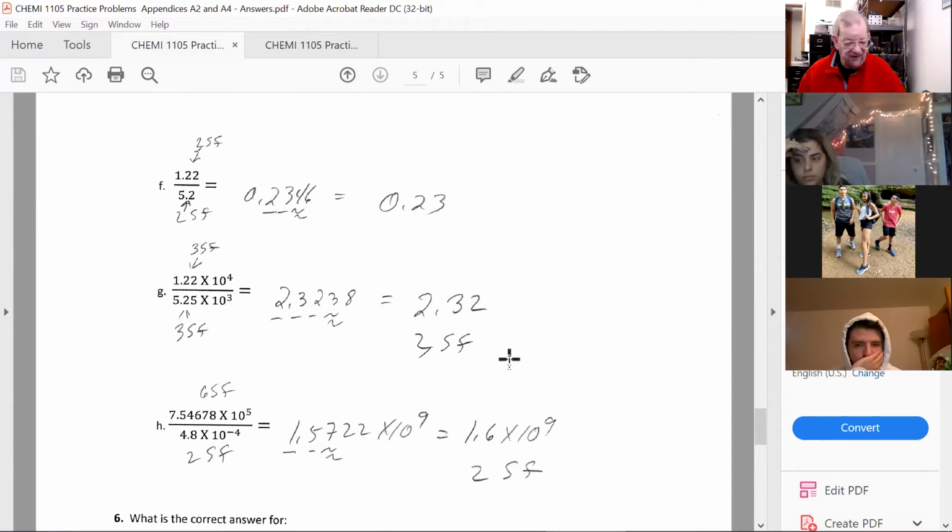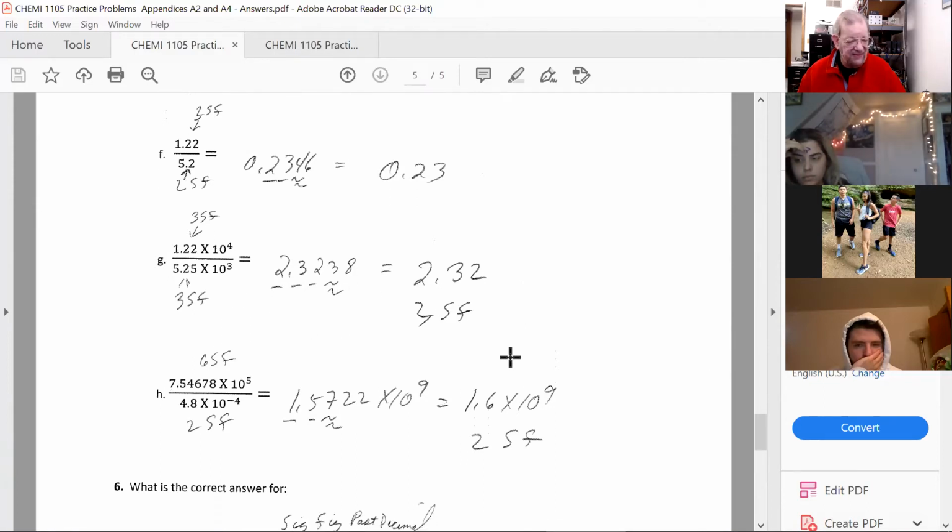And for division, you do the same thing. Let's look at H. I have this number divided by this. First you have to figure out how many significant figures, excuse me. And the top one has, let's check if I made a mistake, 2, 4, 6. Oh, I got that one right.